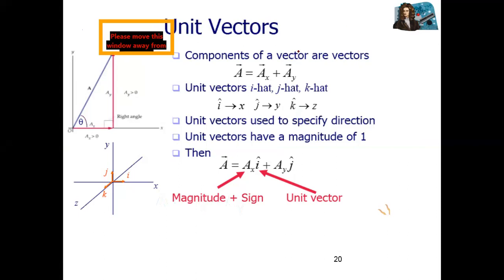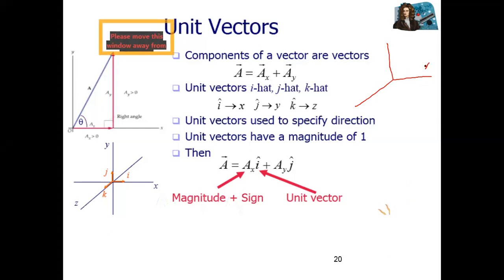Another thing, unit vectors are used only to show direction. Like we use three unit vectors. For example, if we have three-dimensional space, I will draw here the x-axis, y-axis, and z-axis.